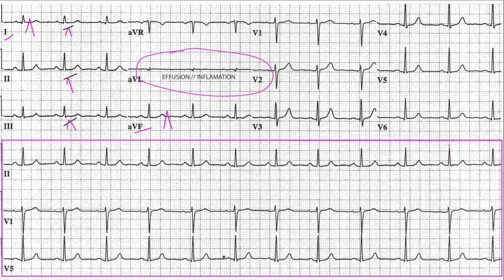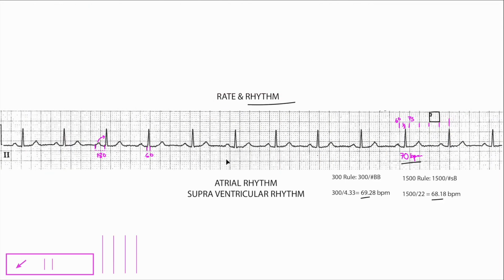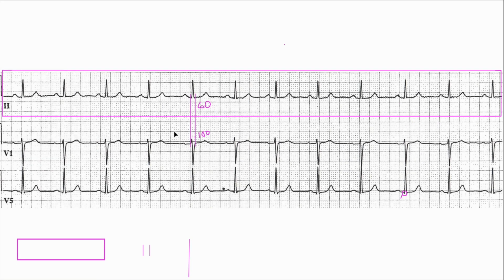So the axis is fine. I'm just going to get rid of some of these markers. And now, remember here, I mentioned that you cannot be certain that this is atrial rhythm. You cannot even be certain using these 3 leads that this is atrial rhythm here. Whoops, what am I doing here? I'm trying to delete some of this stuff.